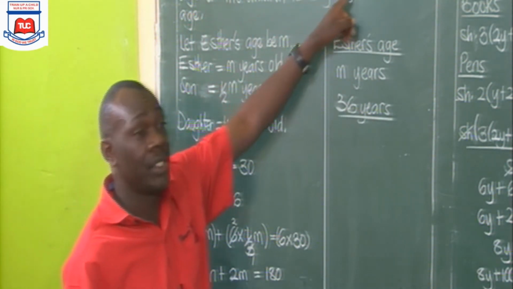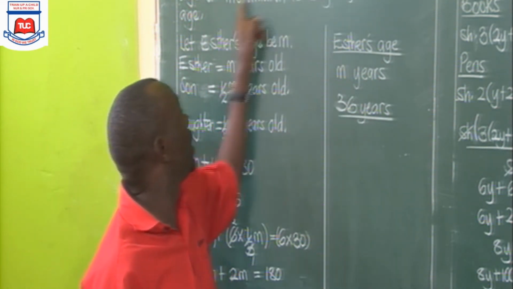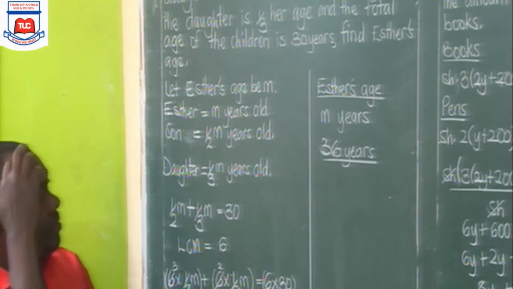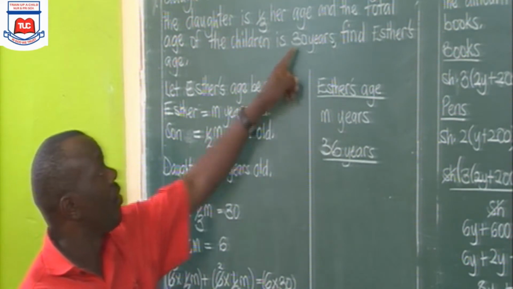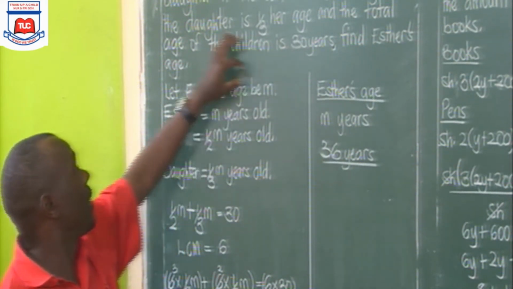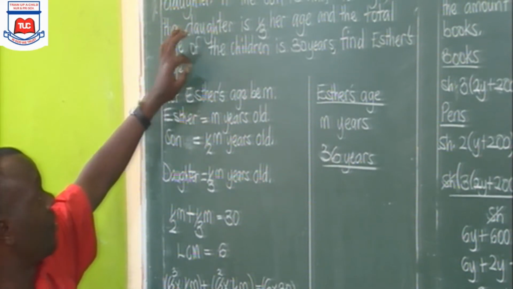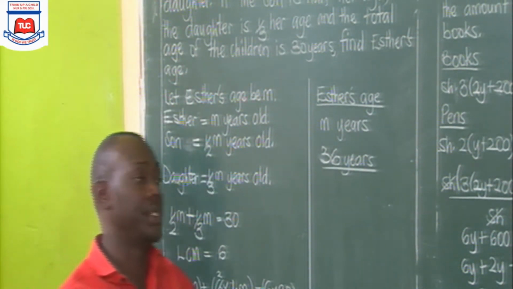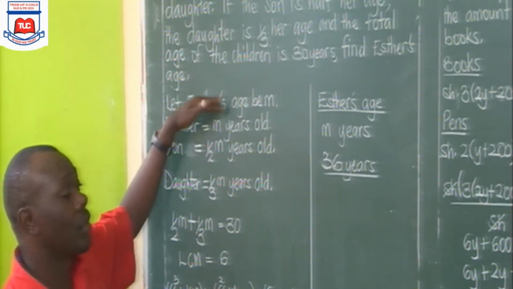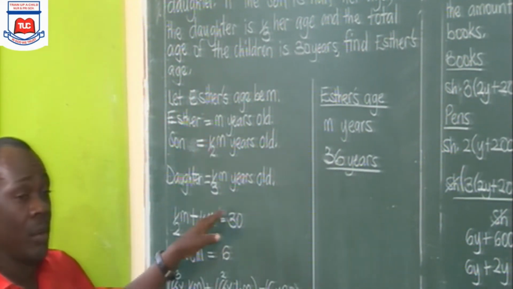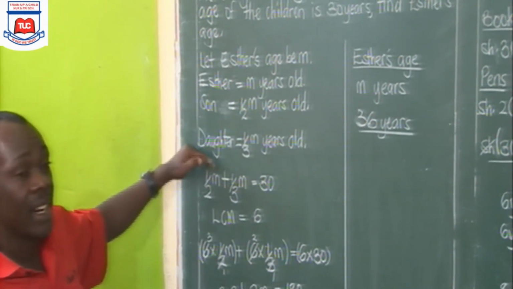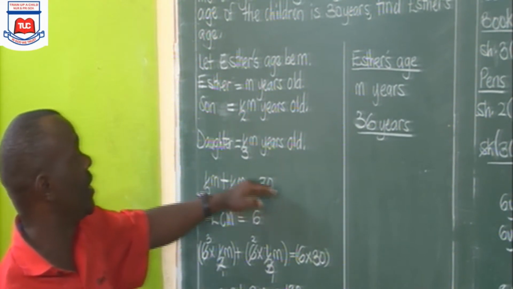The statement continues to say, the total age of the children is 30 years. What are we learning from here? Know whose total age is 30 years. It is the children. Remember, Esther is the mother, and therefore the mother cannot be a child. So we shall not total up whatever is here. We are looking out for the children only, that's the son and the daughter, to total up to 30.